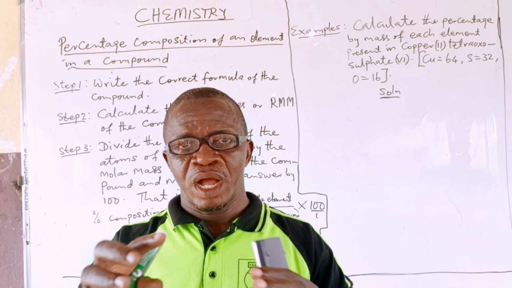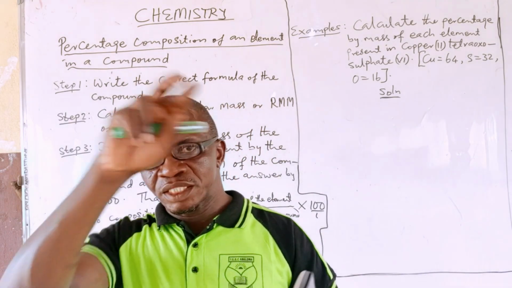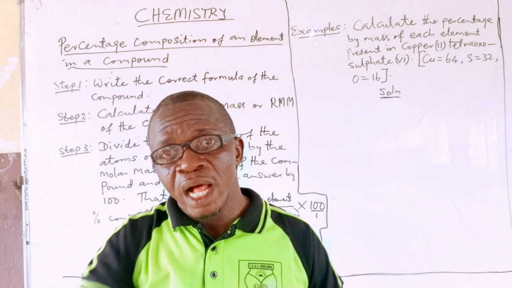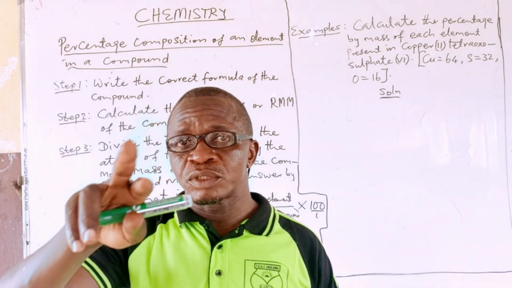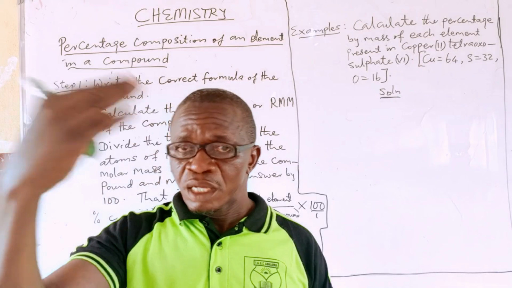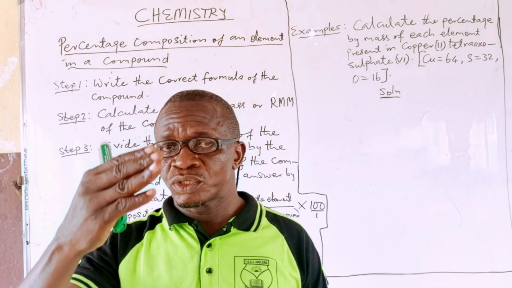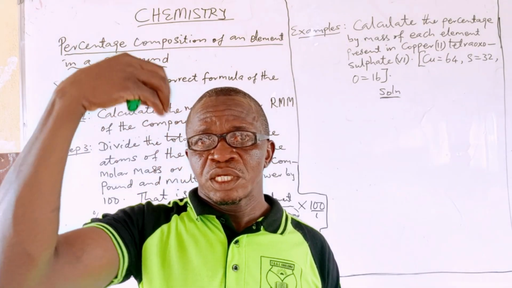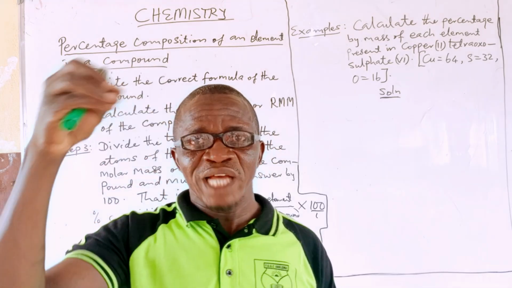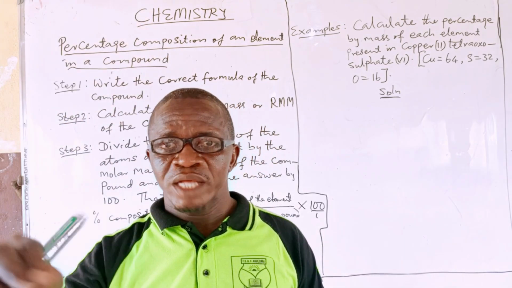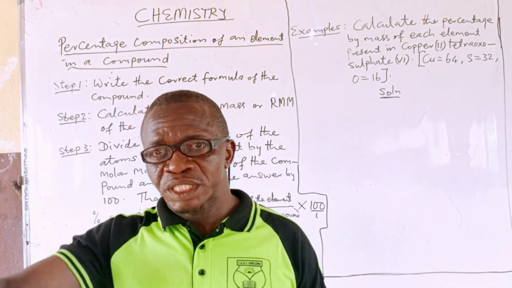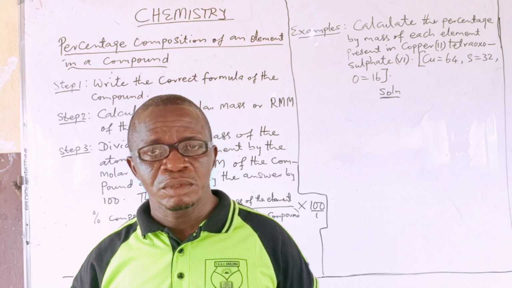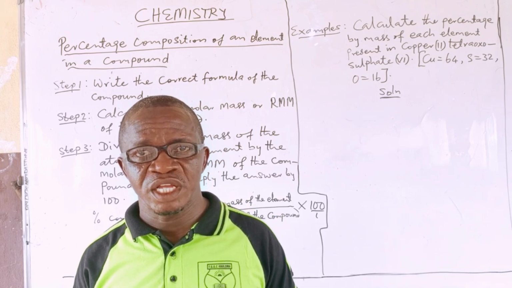And then write it all over the total mass of the whole compound, which means you have to calculate the molar mass of that compound. So the mass of that element will be up, the mass of the whole compound will be down, times 100. Get your answer in percentage.